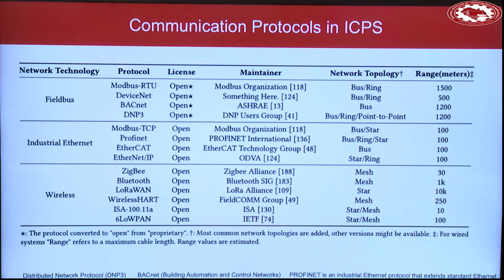Industrial Ethernet, for example, the Modbus TCP version, is for Ethernet connections. And then you've got Profinet, EtherCAT, and others. Similarly, wireless technologies: Zigbee, again depending on the range that you need, Bluetooth, LoRaWAN, which are all IoT technologies for IoT devices, 6LoWPAN, and so on.